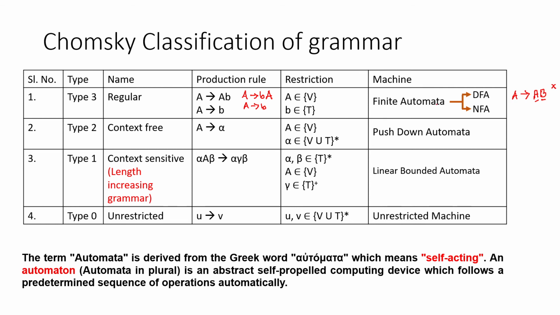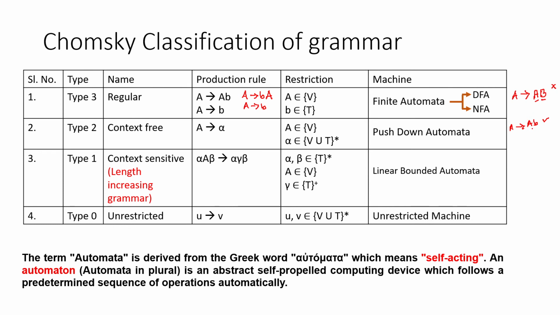I'm sorry, it is not true for regular grammar, but it is true for a context free grammar, because alpha says any combination, and under any combination it is possible to have more than one non-terminal in the RHS, even with no terminal. So, for example, you can say that A to AB is also correct, because it is also some combination of terminal and non-terminal.